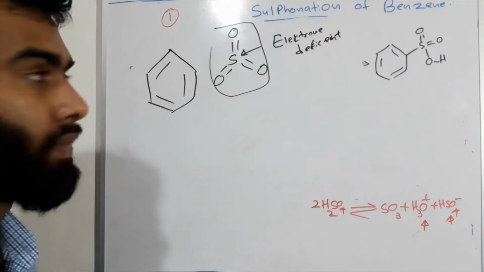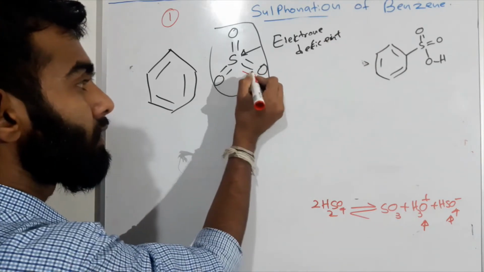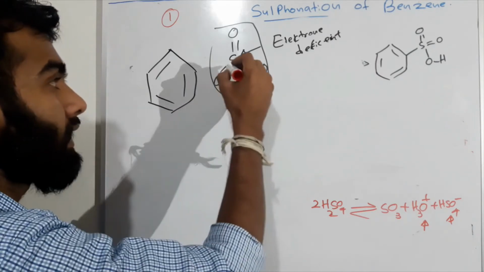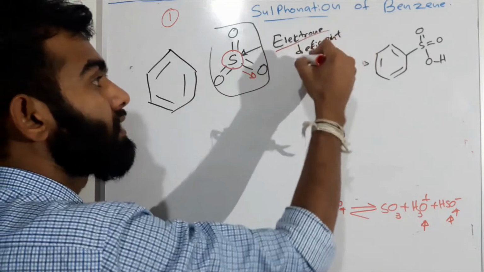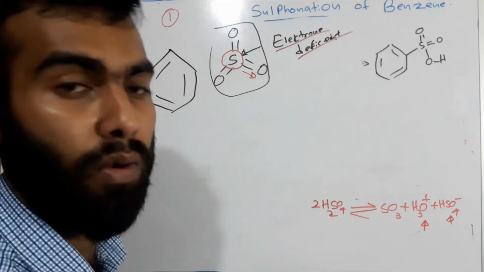Why is that? Because of the electronegativity of oxygen. Oxygen will withdraw electrons from sulfur, so sulfur will be a highly electron deficient atom here. So it needs more electrons.